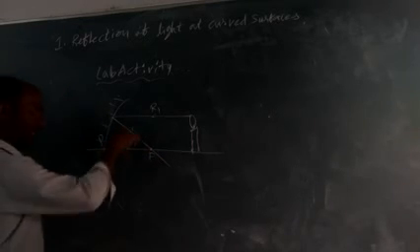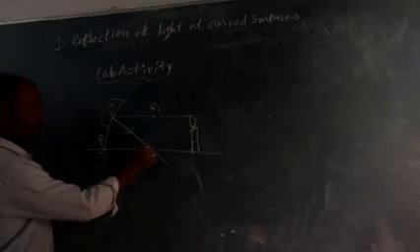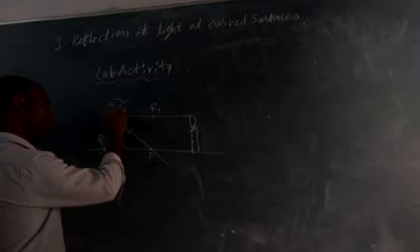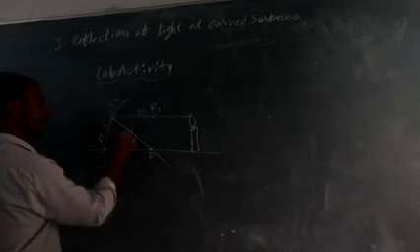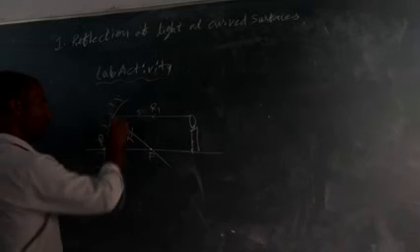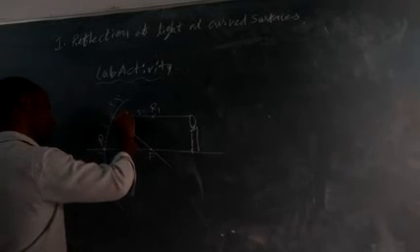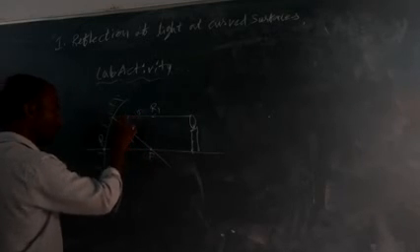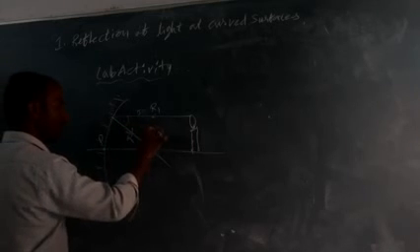Okay, this is the focal point. Both rays, the incident ray and the reflected ray, are separated, and the angle between them is bifurcated into two equal halves.